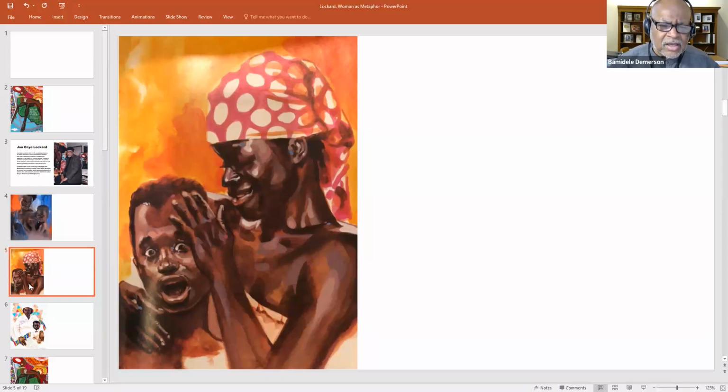And there was this one ship that arrived, and in many stories, I'm sorry, I'm getting ahead of myself, because we'll come back to Ebo's Landing again, because we have some other illustrations from this story. But in this particular story, the Africans protested once they got off the ship by walking right back into the sea, or walking back into the water, and saying that they were going home.